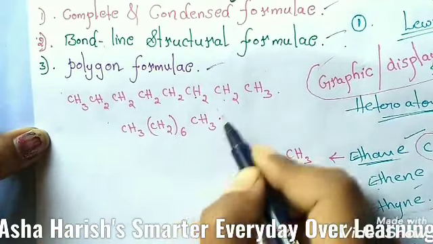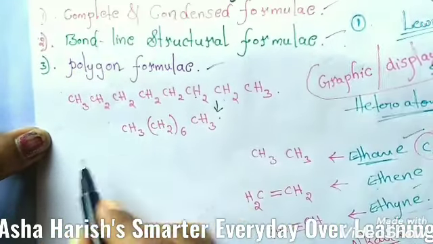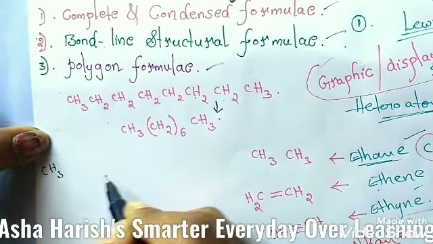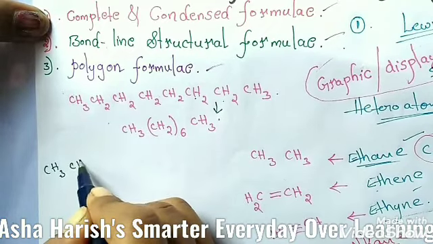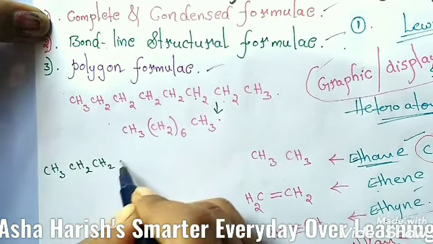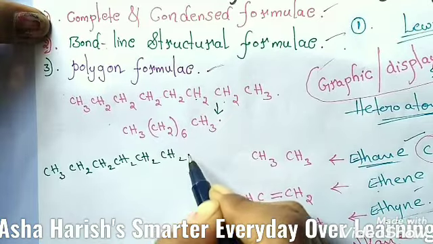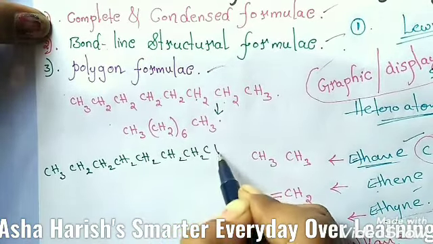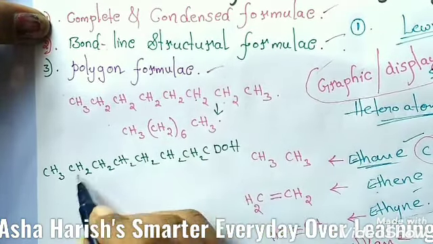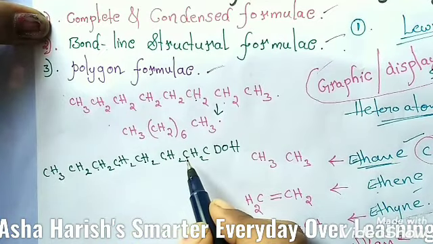Similarly, another compound we can write like this: CH3, CH2, CH2, CH2, COOH, counting 1, 2, 3, 4, 5, 6.